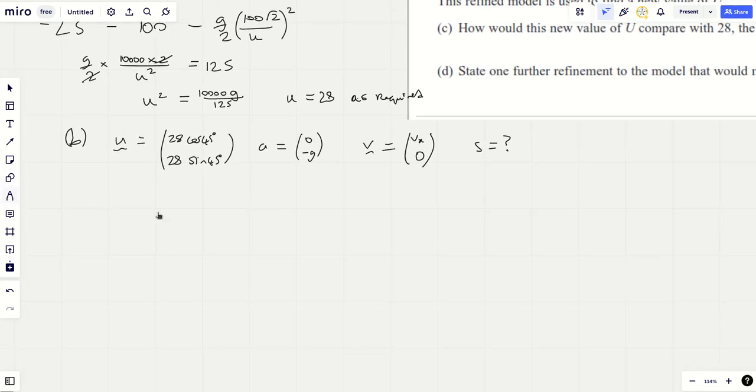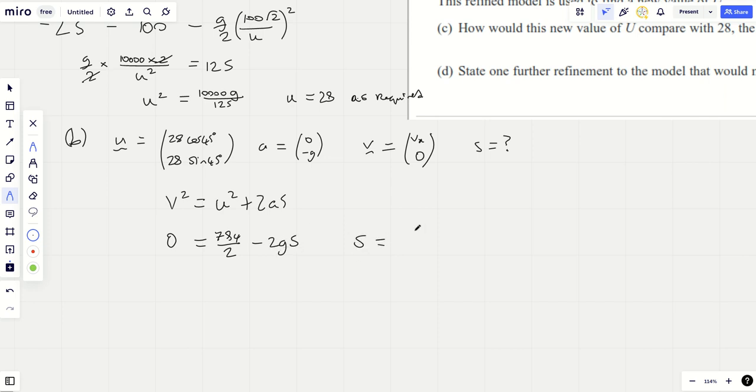By the look of it, V squared is U squared plus 2AS looks good. And so you're going to have 0 equals, that's 28 over root 2. So after you square it, you get 784 over 2. I'll work out what that is in a second. Minus 2gs.